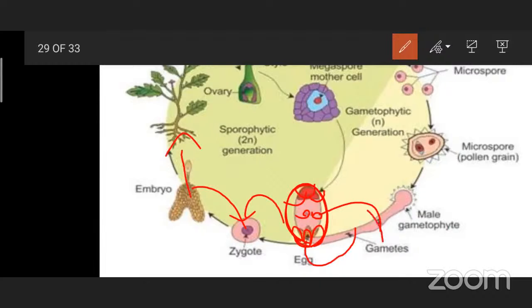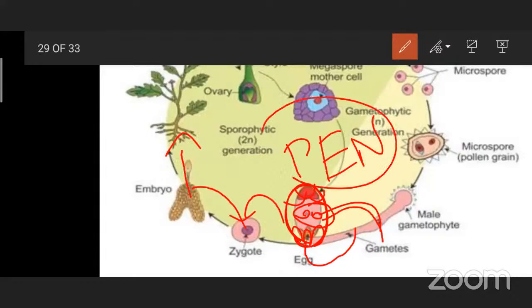One male gamete is fused with the diploid secondary nucleus, and this nucleus forms the PEN, that is, the triploid primary endosperm nucleus. This primary endosperm nucleus provides nourishment to the developing embryo. Ovules develop into seeds. Ovaries develop into fruits.